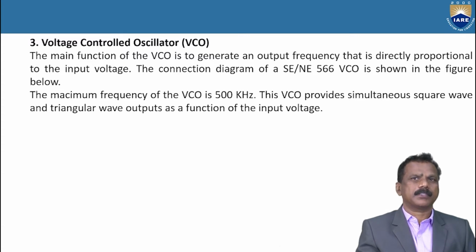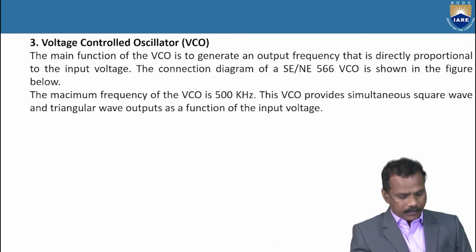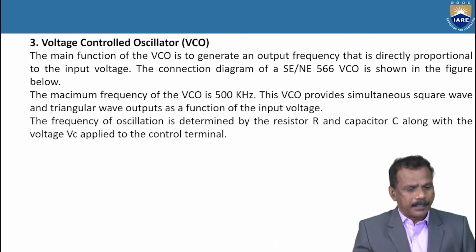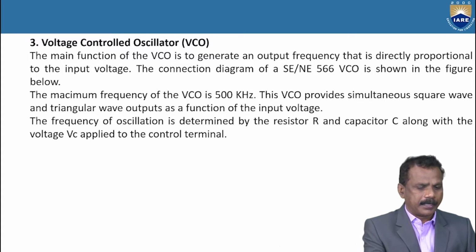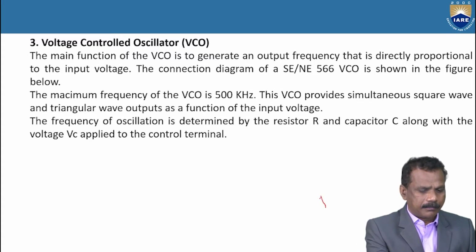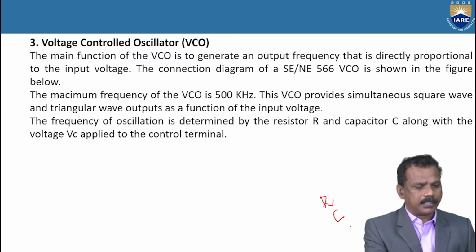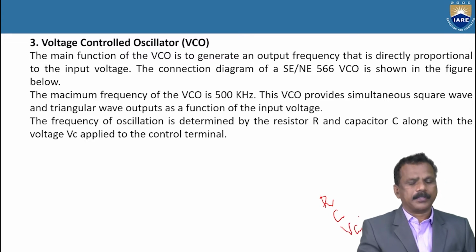This VCO provides simultaneous square wave and triangular wave outputs as a function of the input voltage. The frequency of oscillation is determined by the resistor R and capacitor C along with the voltage Vc applied to the control terminal.